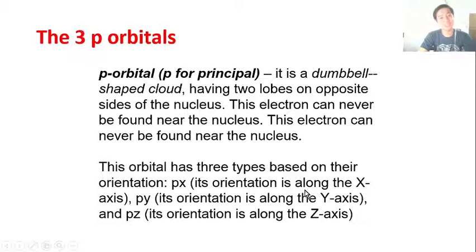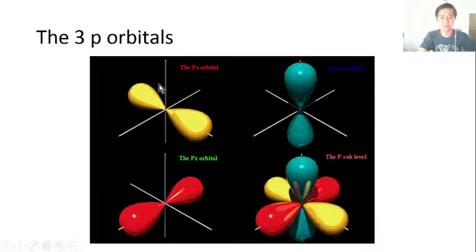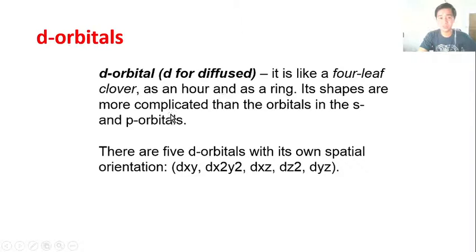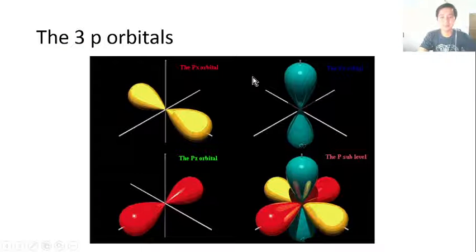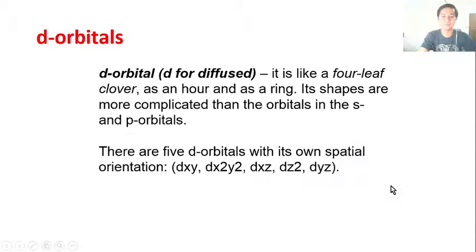Px means its orientation is along the x-axis, py is along the y-axis, and pz is along the z-axis. So it looks like a dumbbell shape, right? Having these opposite lobes towards each other. So this is px, py, and pz. This one is the p sublevel, or the p orbital.